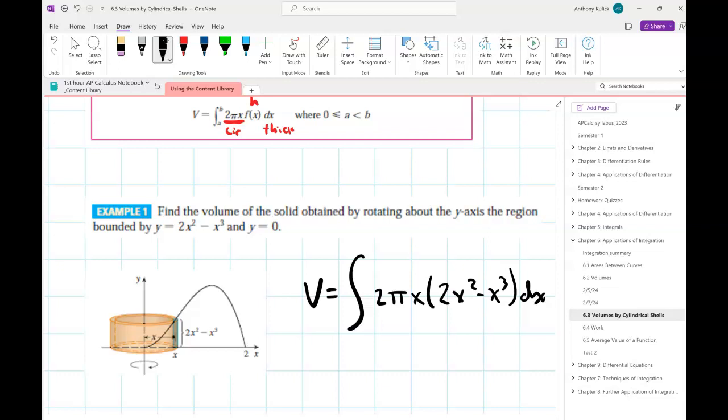Now, the only hiccup here is, what are we integrating this by? From what to what? Where does my cylinder, or what x value is going to be the smallest possible cylinder?